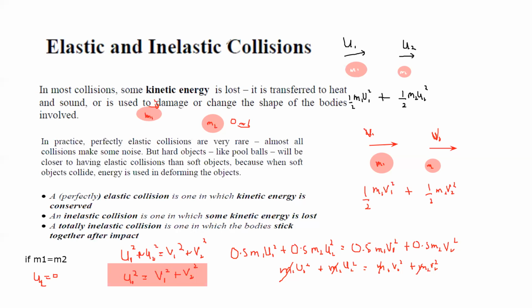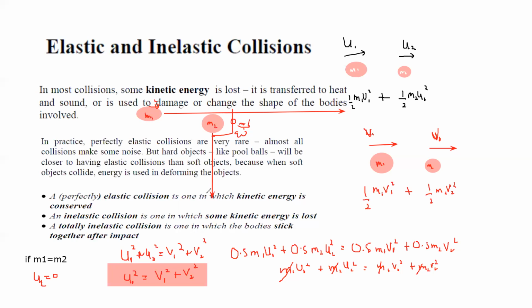So when they collide with each other, what will we observe? We'll observe that the angle between them will be 90 degrees if the collision is an elastic collision. Is it clear?